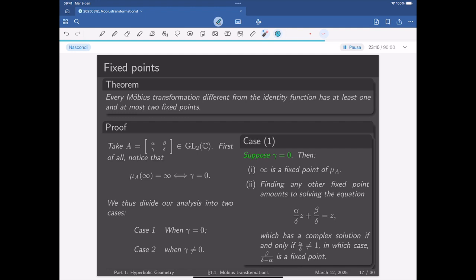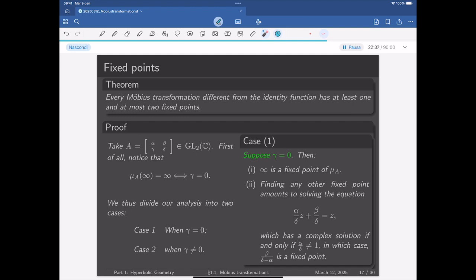Which tells me that if you give me a Möbius transformation with 3 fixed points, then it's the identity. Which also tells me that if you give me 2 Möbius transformations that agree on 3 points, then they are the same, because the composition of the inverse of one with the other has to be the identity.